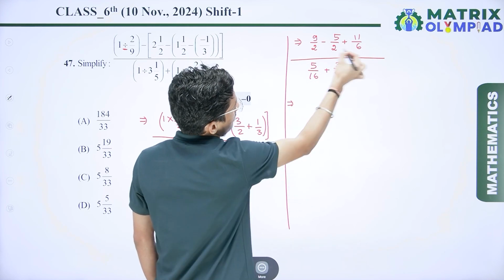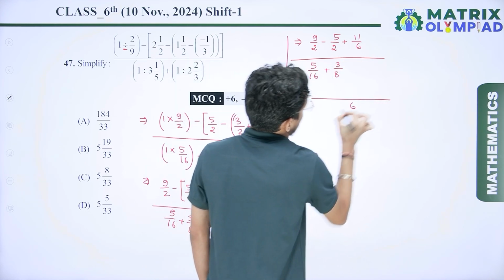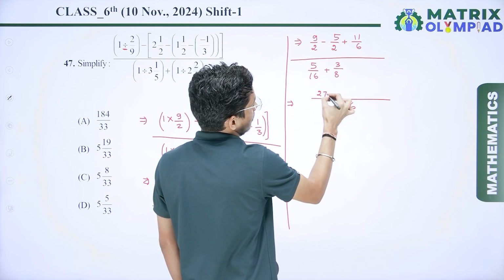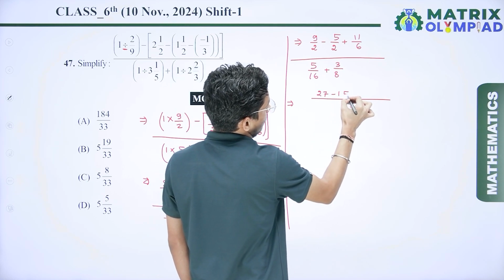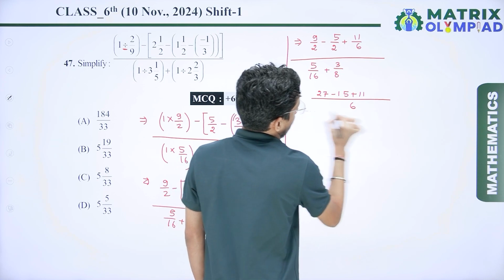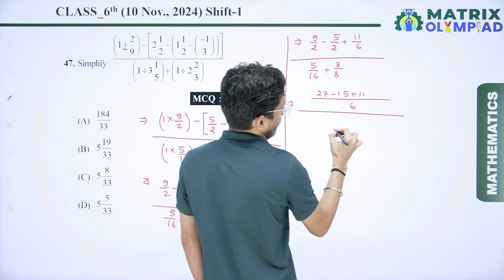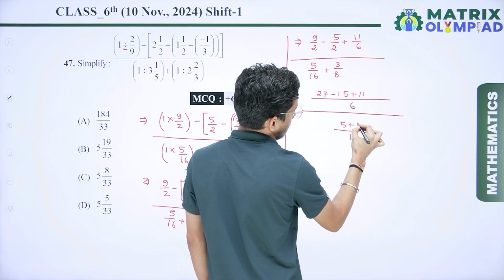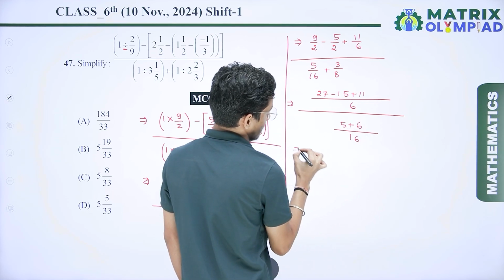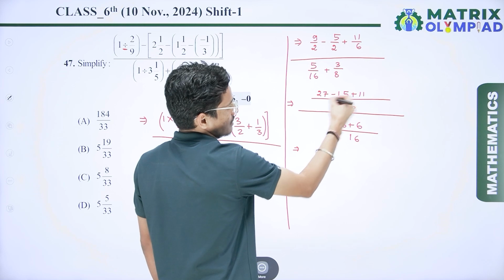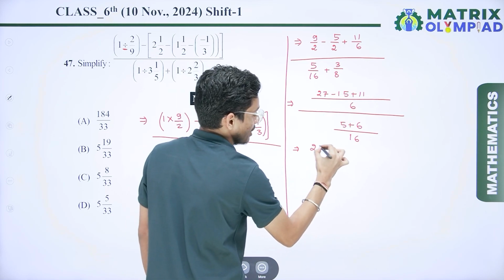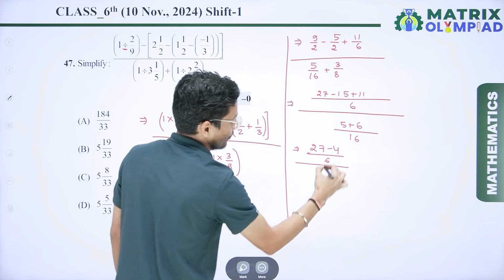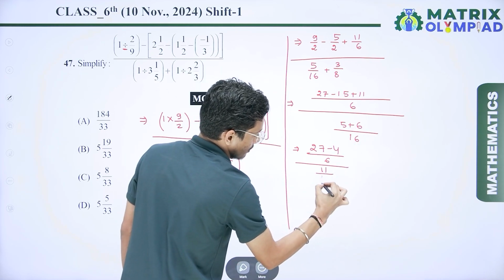Now I take LCM here 6, so I can say 9 times 1 is 9, 9 times 2 is 18, 9 times 3 is 27, minus 5 times 3 is 15, plus 11, divided by, here I take LCM that is 16, so 5 plus 3 times 2 is 6. If I simplify here and subtract, I get 27 minus 4 upon 6 divided by 11 upon 16.